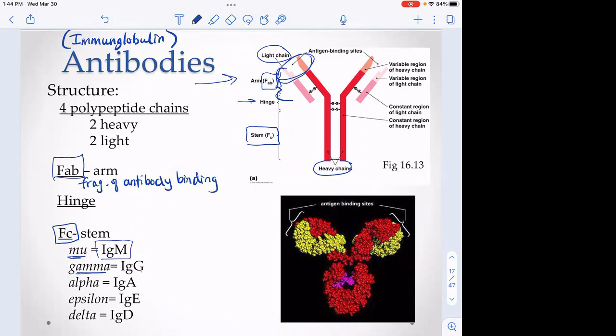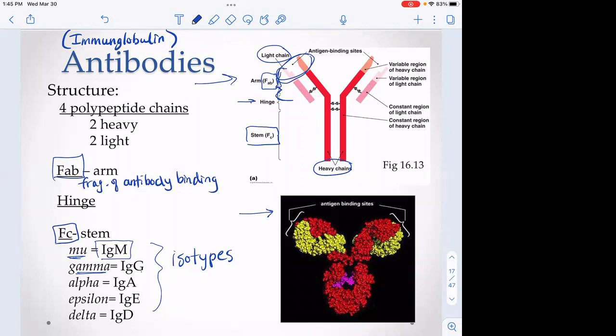We'll talk about some of these different isotypes of antibody: some are good at certain things, and other isotypes are better at other things. I like to show this space filling model here. A space filling model just means that each atom of the molecule is represented as a little circle.